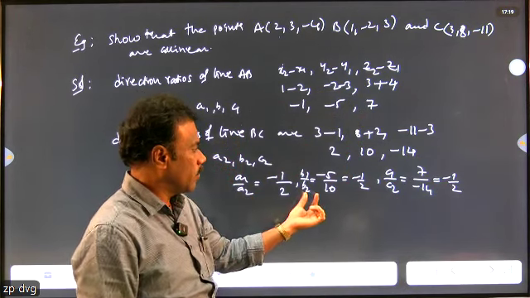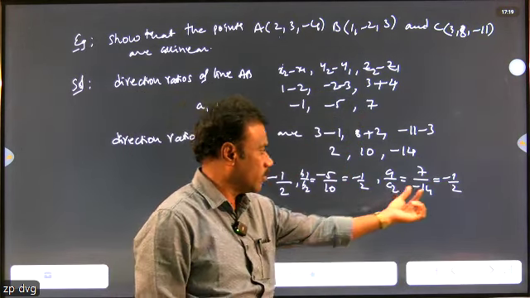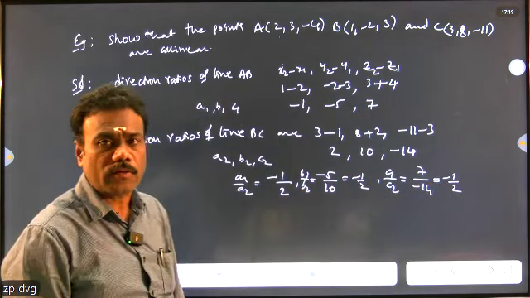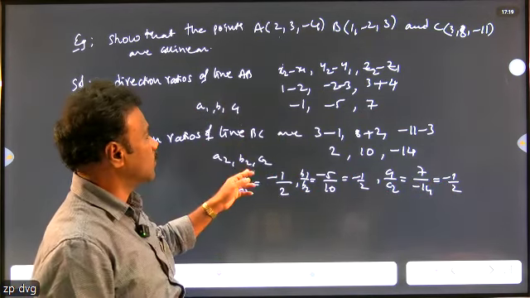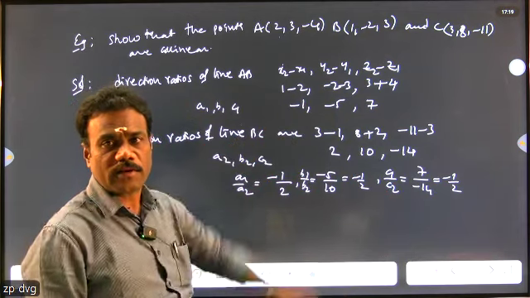Minus 1 by 2 gives minus 1 by 2. Minus 5 by 10 also gives minus 1 by 2. And C1 by C2, 7 by minus 14, is also minus 1 by 2. So A1 by A2, B1 by B2, and C1 by C2 all equal minus 1 by 2. That means the direction ratios are proportional to each other.